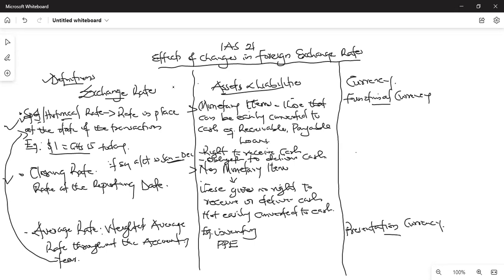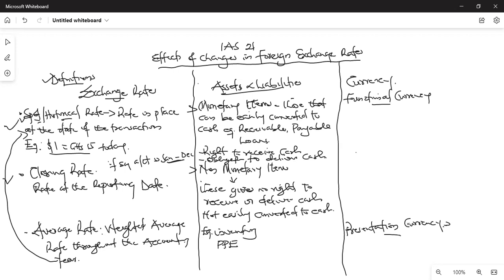Now, we need to understand what a functional currency is and what a presentation currency is. I will deal with the presentation currency and leave the other later, because there have been past questions on functional currency, so that I take my time and do that. All right. So what is a presentation currency? Presentation currency is the currency in which the financial statements are presented. For example, if you are preparing a single entity financial statement, you will see that GH¢ is at the top of it. So that will be your presentation currency, the one that appears on your financial statement.